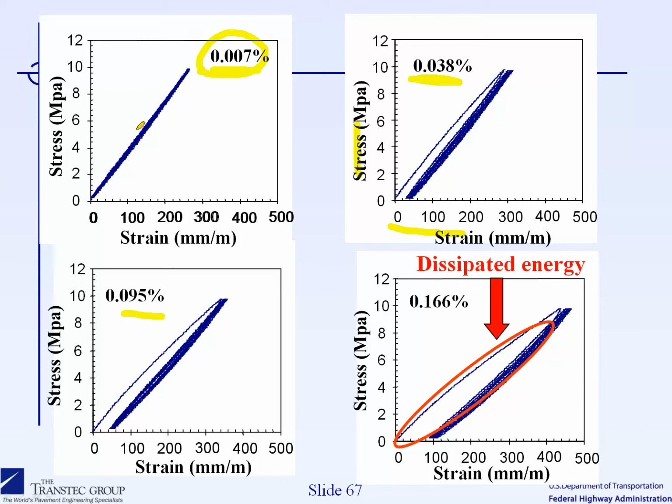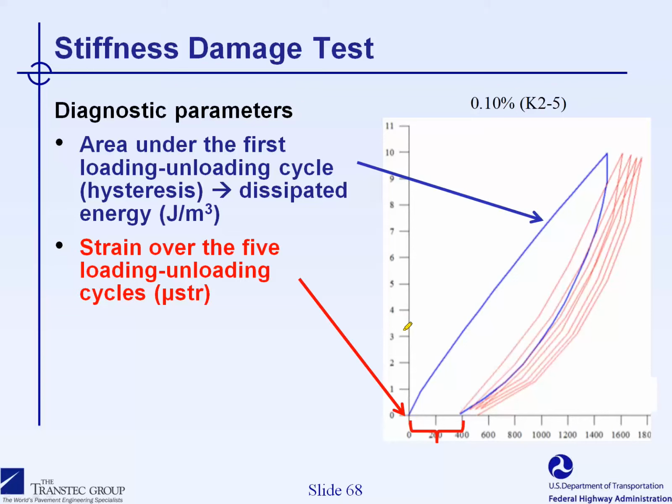So you can see that when you have very low expansion, all the curves fall on the same pattern, but with the progress of expansion, you can see that there is an area that is being generated under the first cycle of loading and unloading. This actually corresponds to the energy that is being dissipated in the concrete in order to close the cracks that have been generated by ASR.